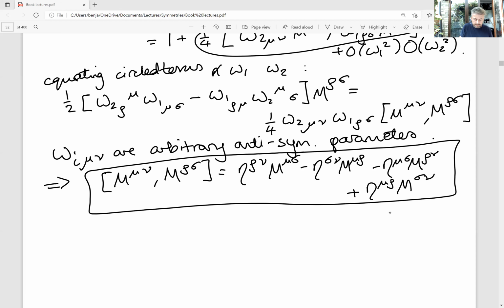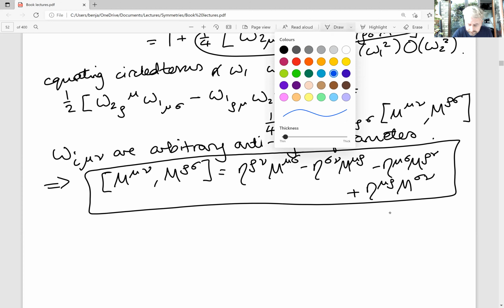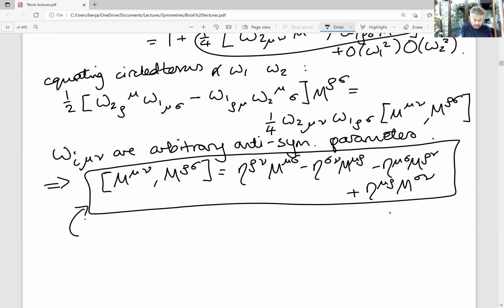Okay, so this that we derived at the end of last lecture is the Lorentz Lie algebra.